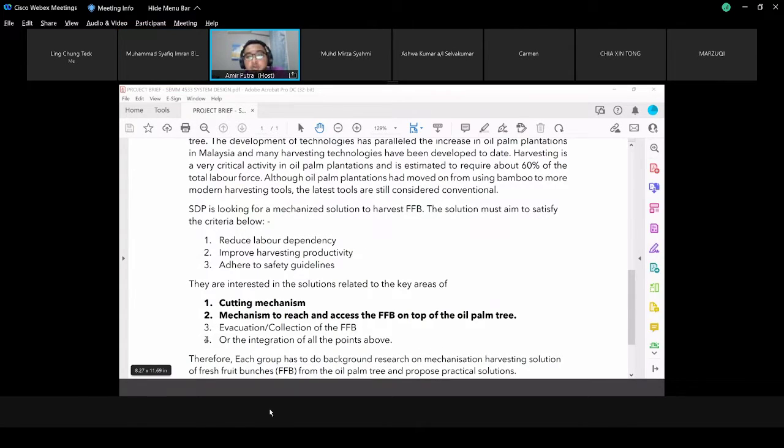Item number 3 is also something one company in Pahang provides design and innovation for, so we'll talk about that later. If some of you would like to think of number 3, you can take item number 3 or even number 4, and integrate them in one platform, also can.